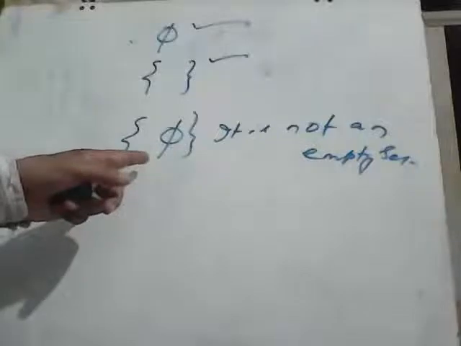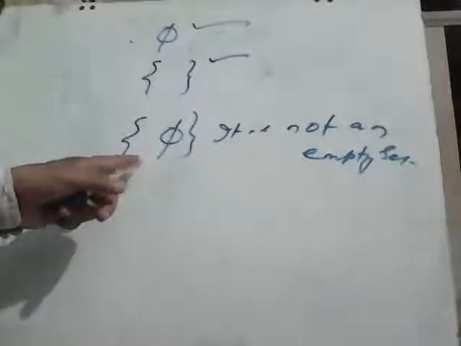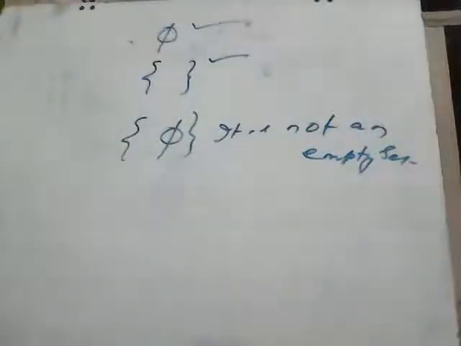So it is not an empty set. Such a set is called a singleton set. A singleton set means the set containing exactly one element. The set containing exactly one element is called a singleton set. Singleton set, one element sets.